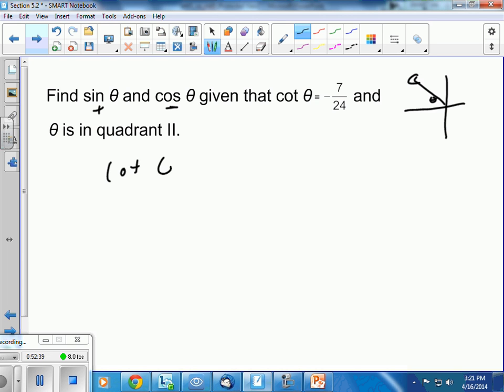So the tangent of theta equals negative 7 over 24. Remember, the cotangent is the reciprocal function of the tangent, which would be negative 24 over 7. And I know tangent, of course, is y over x. So my x is 7, my y is 24, and of course I still need to find r.